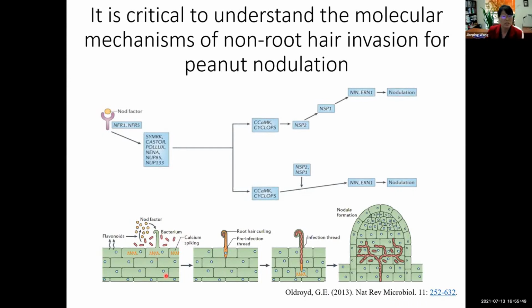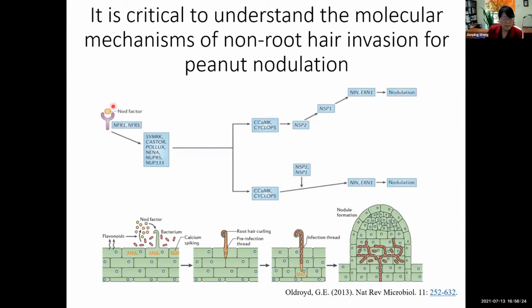That signal is transduced and causes the root hair to curl and form an infection thread. Through this infection thread, the bacteria infect the root cells, and the signal is transmitted into the cortical cells, which stimulates cell division to form the nodule. In the nodule, biological nitrogen fixation is going on.